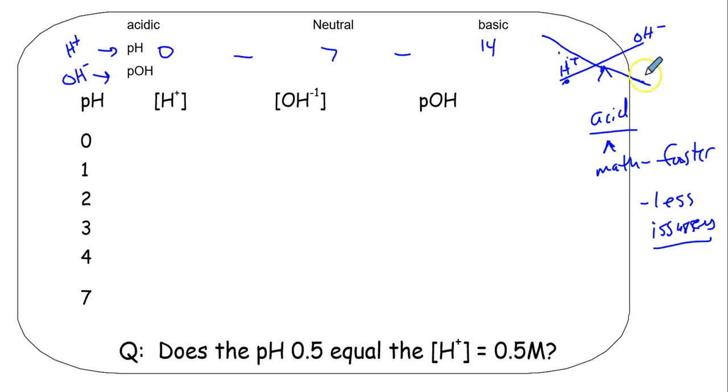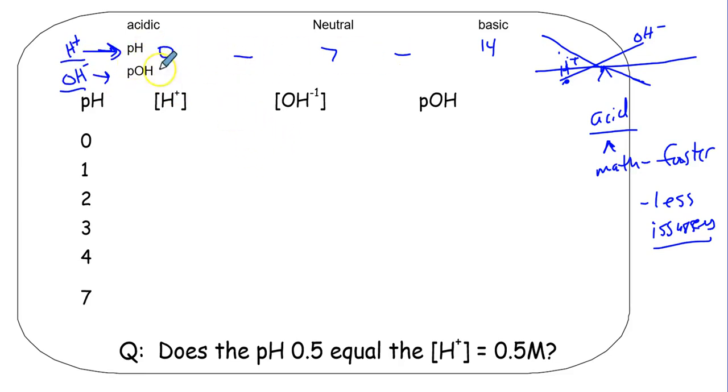You don't need to track both sides. For a given teeter-totter, you just gotta track one side and that's it. Same thing goes with the H plus ions. If I want to know how acidic or basic a solution is, I don't have to track both of these guys, just one of them. This is the one that kind of caught on, probably because of its use in food preservation initially.